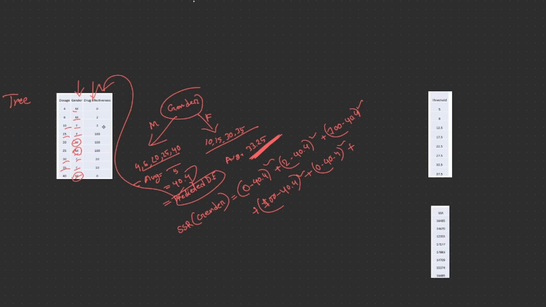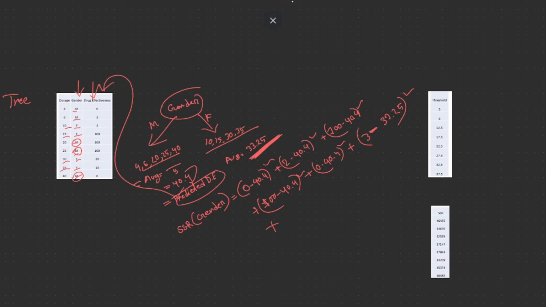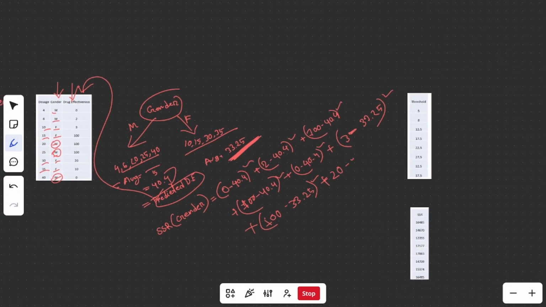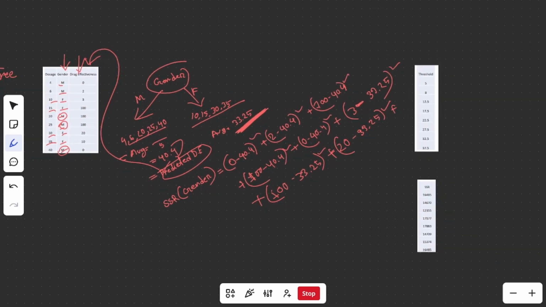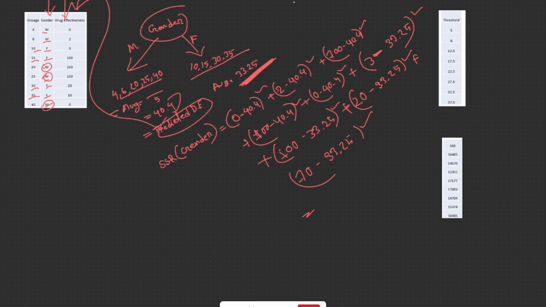Here you find 3 minus 33.25 whole square plus female 100 minus 33.25 whole square plus 20 minus 33.25 and 10 minus 33.25. So this way we can find the SSR.